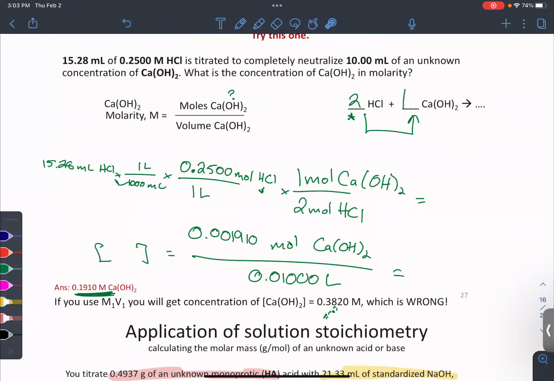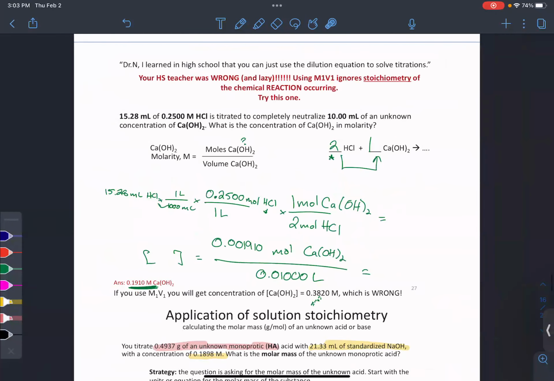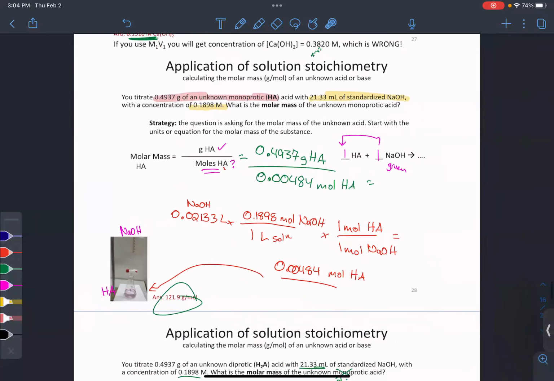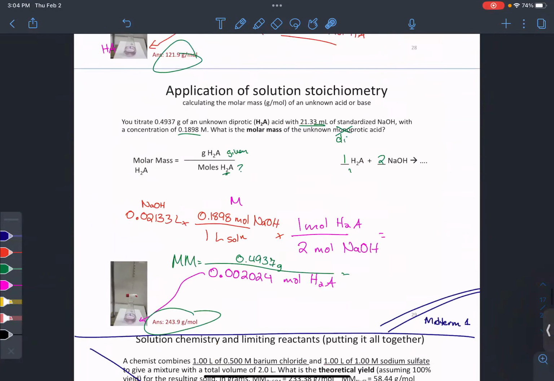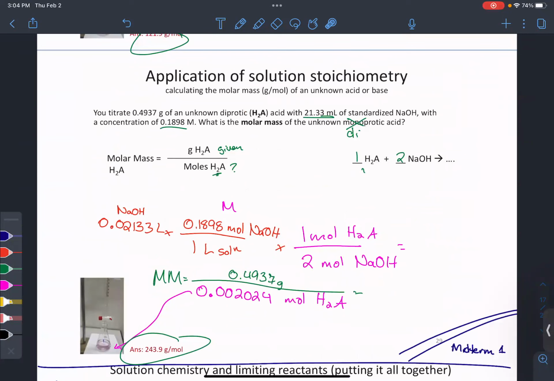But I'm showing you the units of converting using molarity or molar mass as a conversion to go from the gram or volume world to the mole world. So then you can use stoichiometry. That's the big learning objective in this chapter. There are basically different applications of using solution stoichiometry.